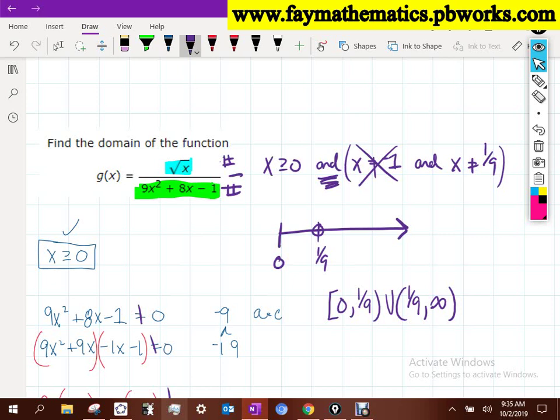No matter what I choose out of there, I am guaranteed to get a real number in the numerator, and I'm guaranteed to get a real number out of the denominator, and a real number divided by a real number. The real numbers are closed under division, so we would get a real number back. Okay. Is that all right?